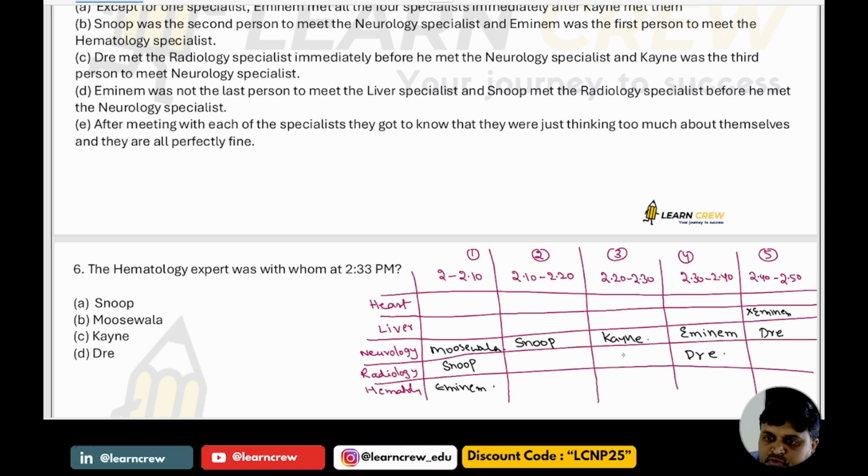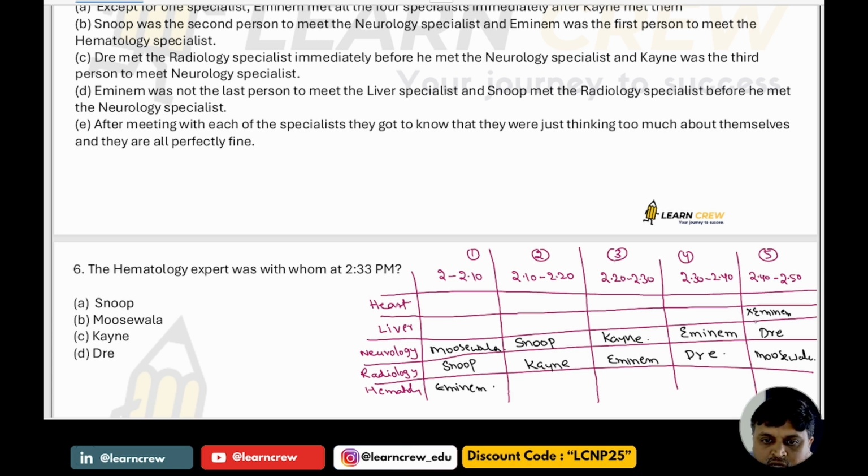So, immediately before Kane means here Eminem, here Kane. Right? Thereby the remaining person is here Moosewala. I hope it is also clear. Only here Eminem is first. In all other cases, Kane and Eminem.